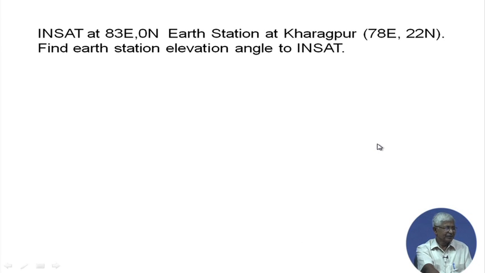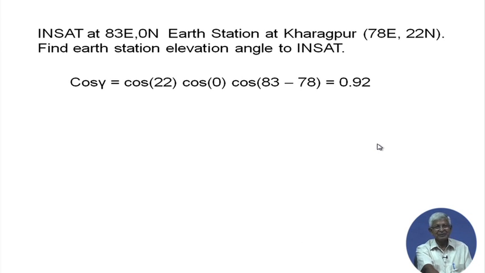okay, before going to azimuth, let us do some quick calculation. That is INSAT at 83 degree east, and I said here 0 degree north, but people do not say that. 83 degree east, that is a geostationary satellite. Earth station at Kharagpur, 78 degree east and 22 degree north. Find the earth station elevation angle to the INSAT.